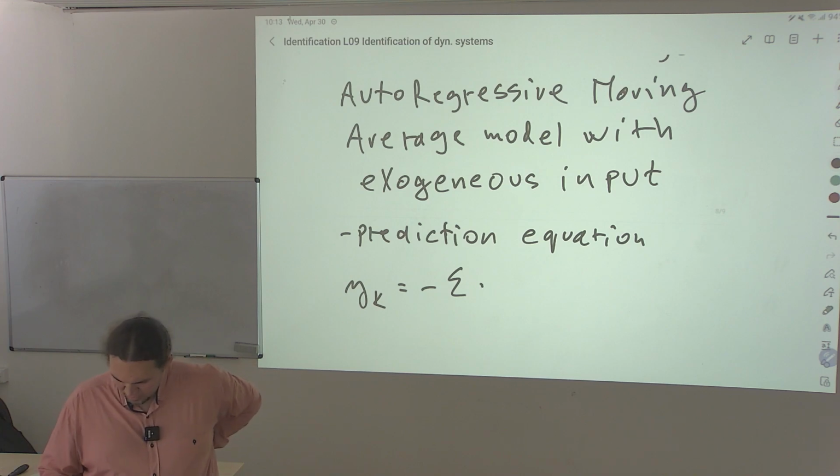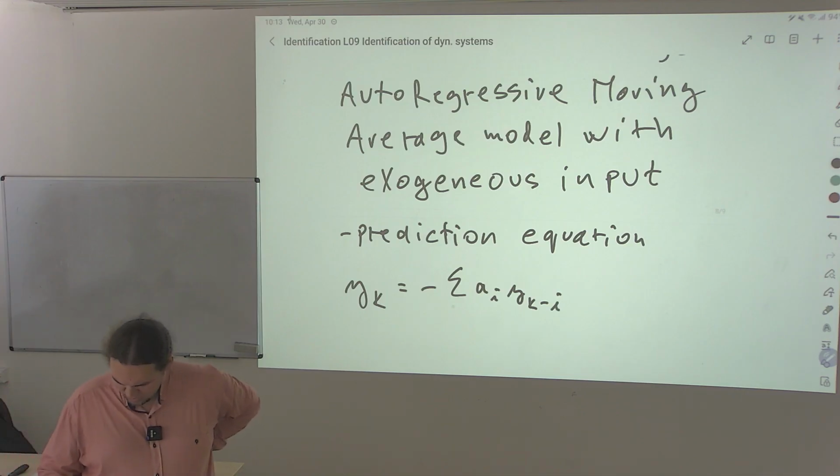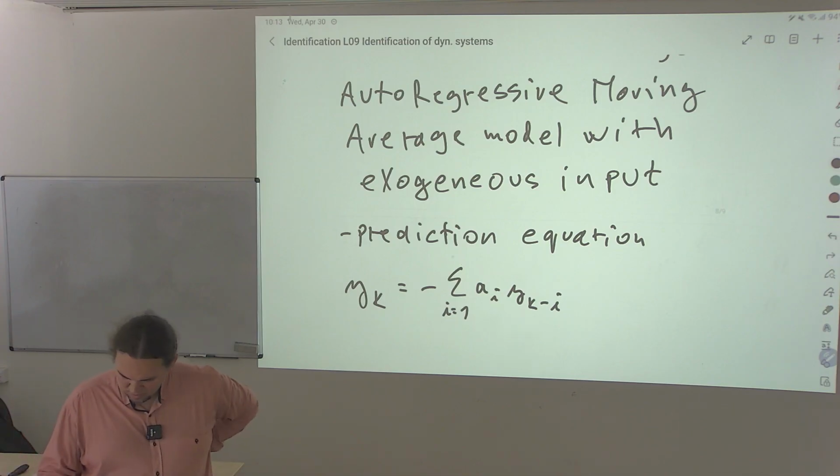So we have again this term a_i times the past outputs, and then the past inputs. i goes from 1 to, not m, n.